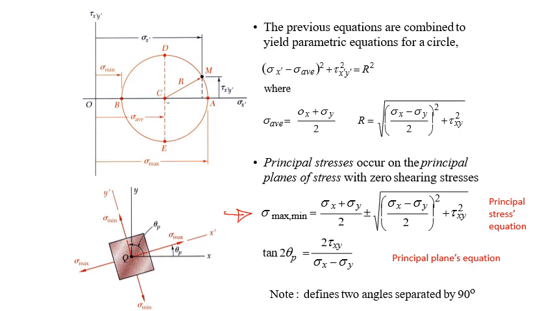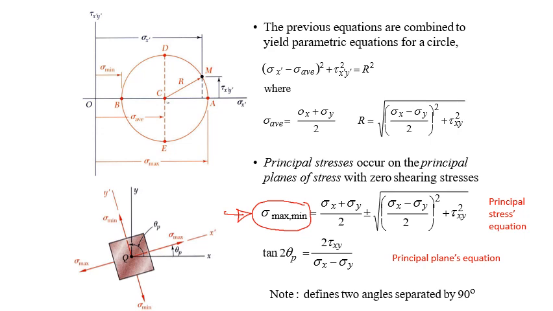That is called the principal stress equation. And what are the principal stresses? They are sigma max and sigma min. You have two values, a maxima and a minima, when you draw a curve. We will get them from this equation here.